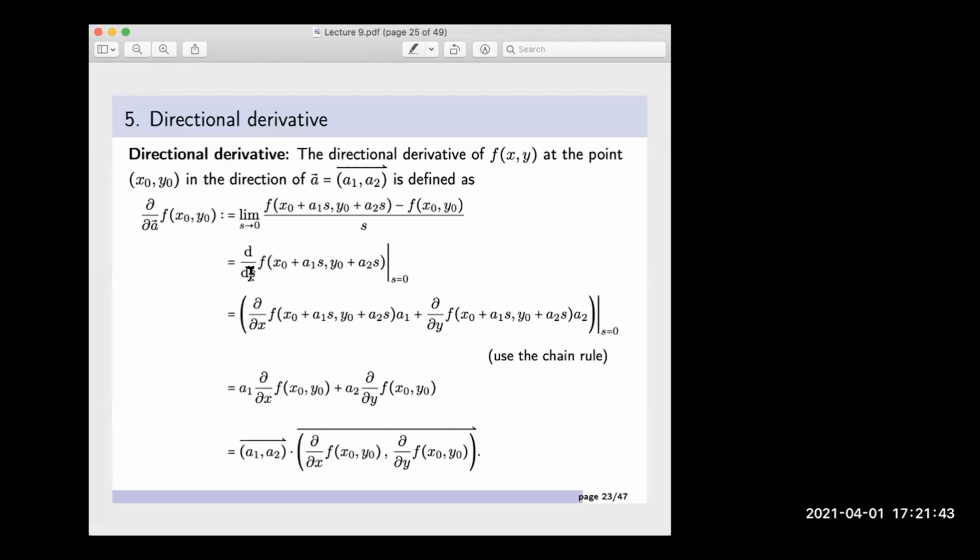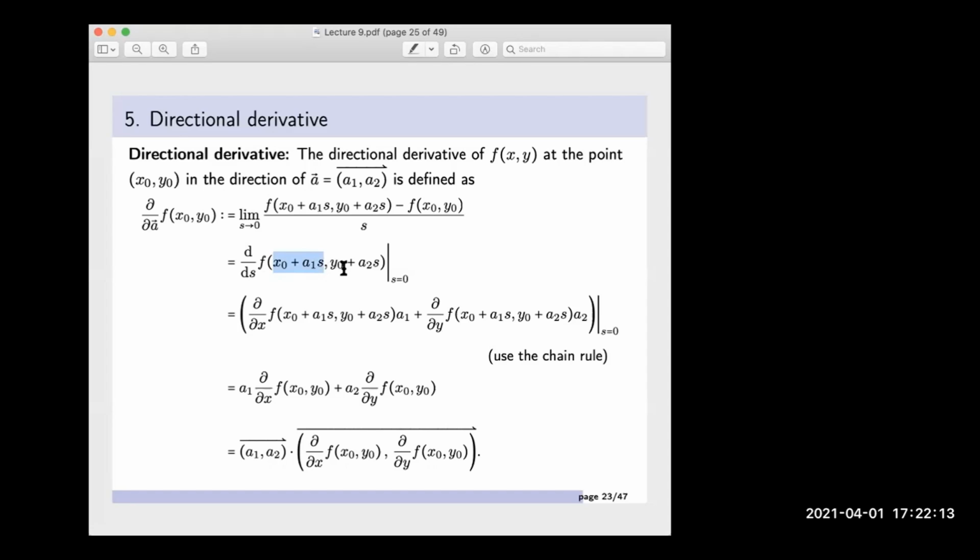On the other hand, this is actually a derivative of a composite function, because you see that f is a function of these two variables. If you call this x, and the second y, f is a function of xy, but x, y are functions of s, right?